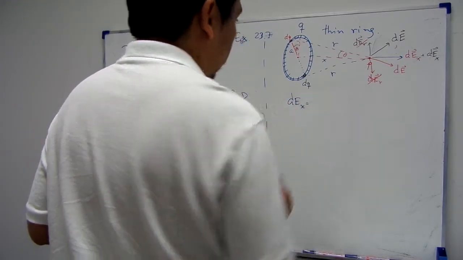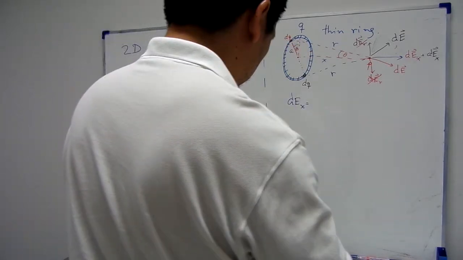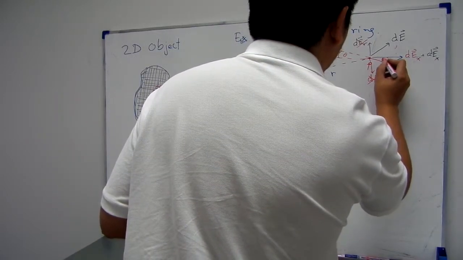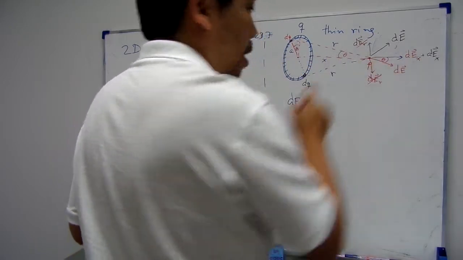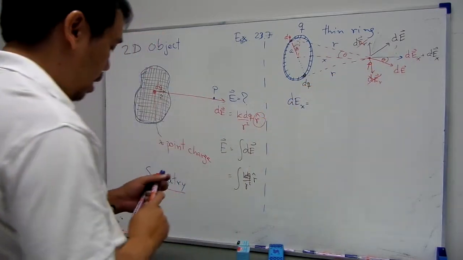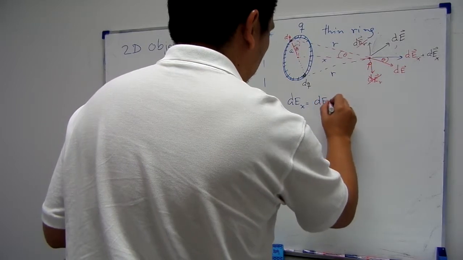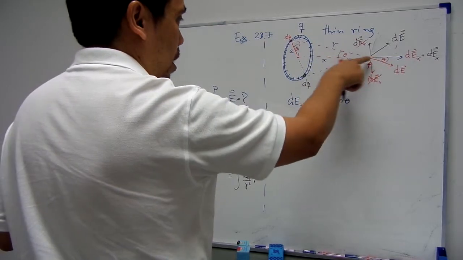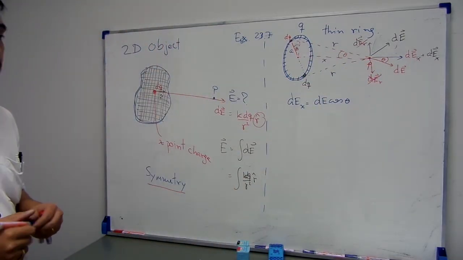From this figure, you can see that dE_x is the component of dE along the direction of the axis of the ring. So dE_x is equal to dE cos theta. If this angle is theta, this is the opposite angle and must have the same value theta.